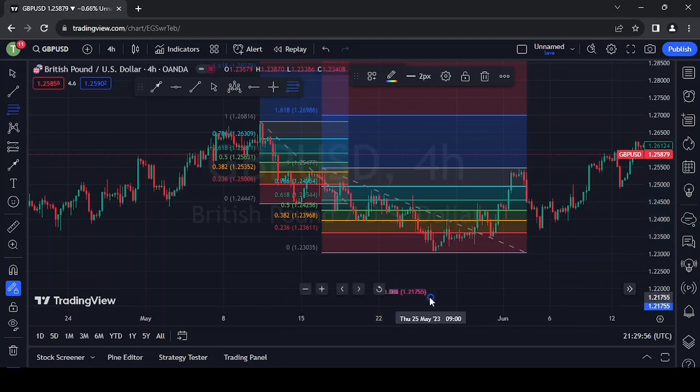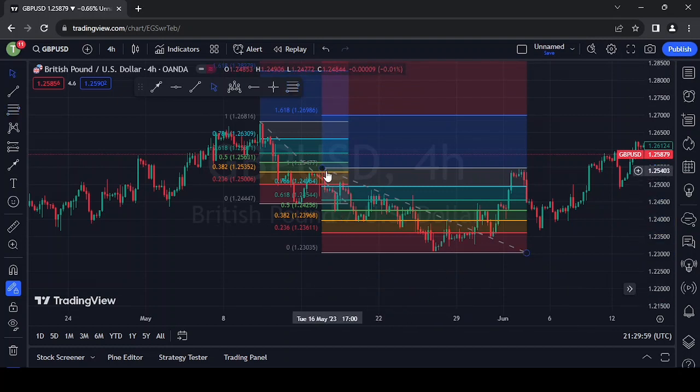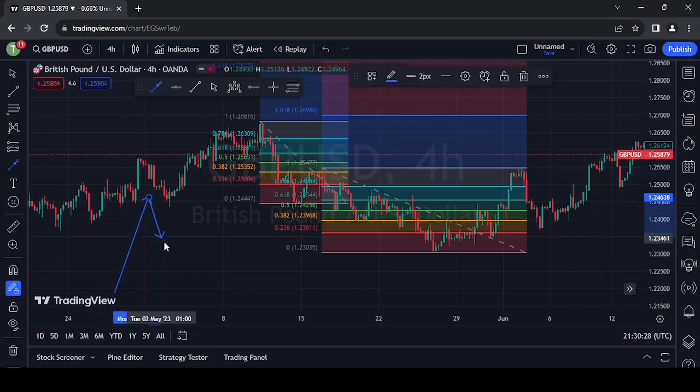What do you notice from this point back to this point? Another complete set, from 100% to 0%, then the other one from 100% to 0%. So this is exactly what you're having: a run, a pullback, then a run.